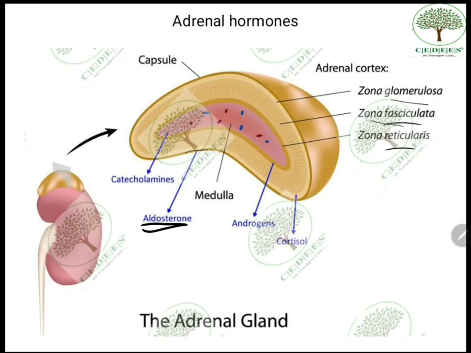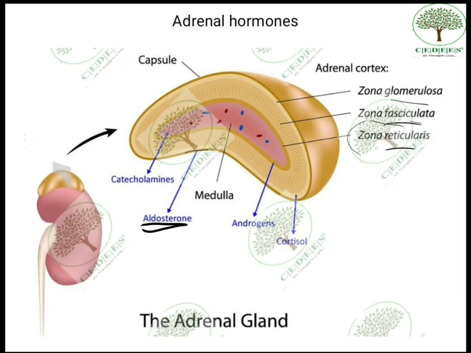So that is the zona fasciculata, as you can see here. Coming to the next, or the inner zone, that is the zona reticularis. Now this zona reticularis will secrete a hormone known as dehydroepiandrosterone or DHEA. Okay, so this is the zona reticularis, and then we have the innermost, the adrenal medulla. This is mainly going to secrete our catecholamines, which are adrenaline and noradrenaline.